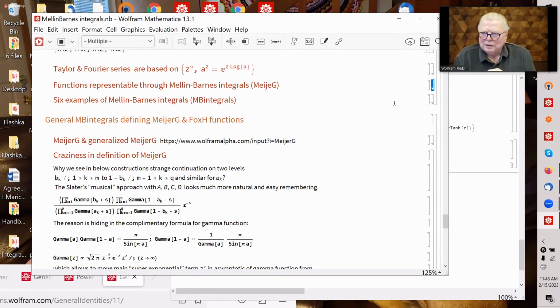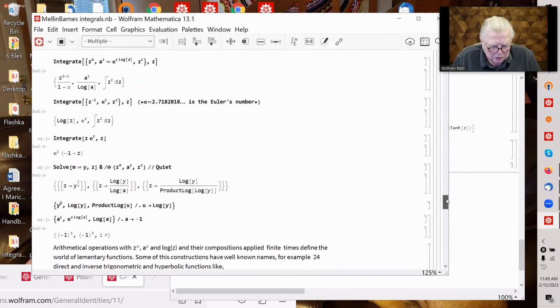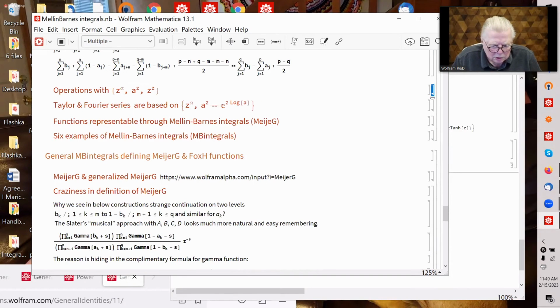Difficult, many levels, and right now we have more difficult Fox-H function and similar. But here, what situation? Fox-H in particular include Meijer G. Let me show this situation. It is here in my notebook, operation with, one moment.